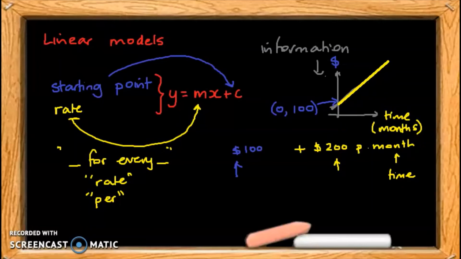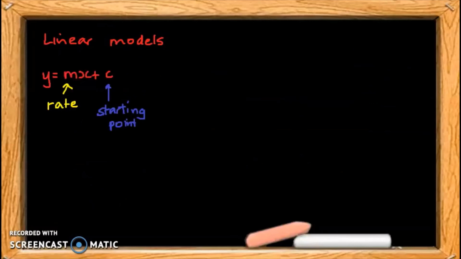But there's another way you might be given information. Rather than be given a rate and a starting point, sometimes you might just be told two or more points from the graph. So you're not actually given a starting point or a rate, and you need to work them out.